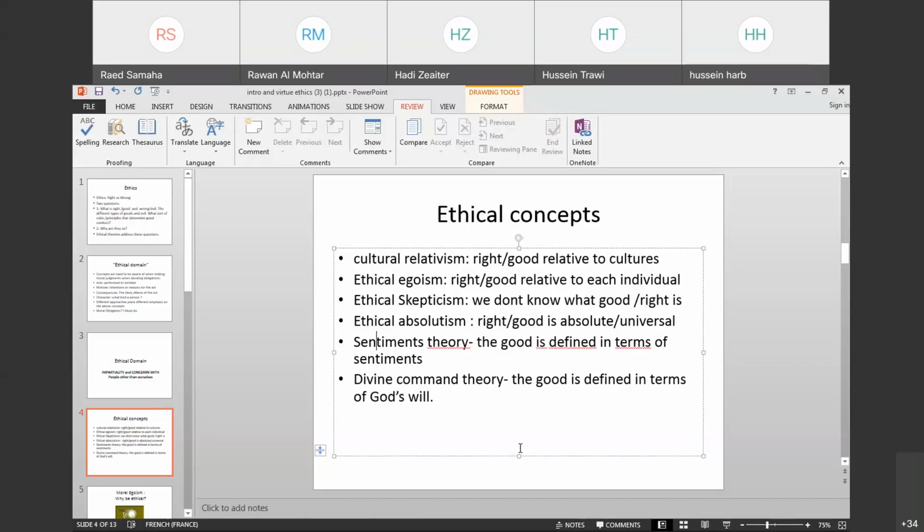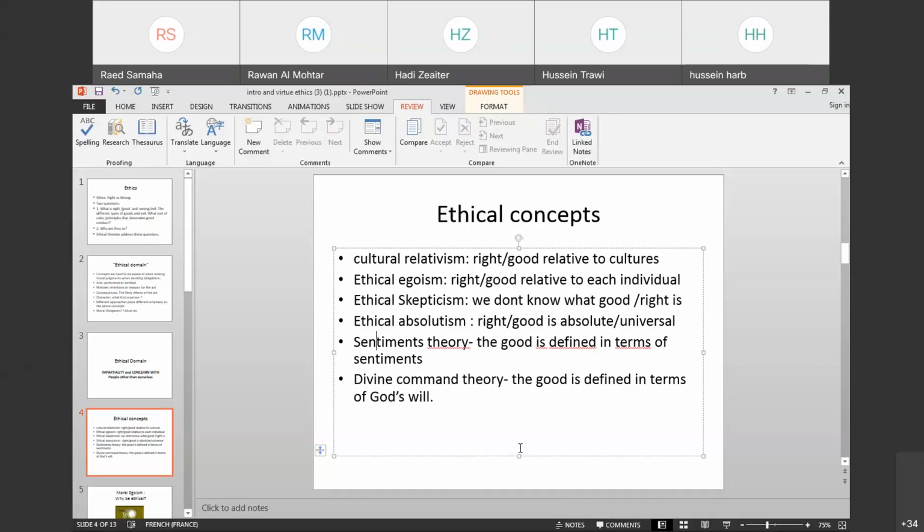It's a kind of religious approach. Why do I say kind? Because it ultimately validates morality in terms of what God wills, right? So these are the various options or concepts that one can think about when it comes to moral reasoning.